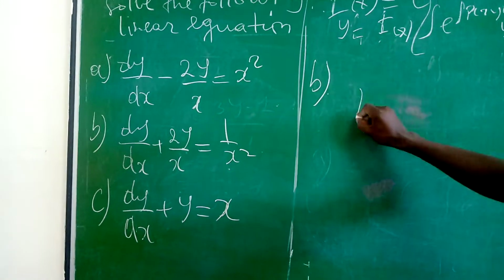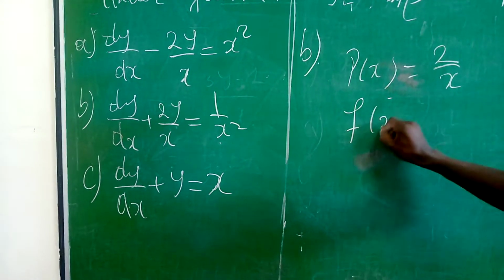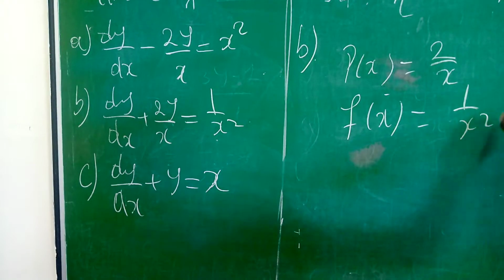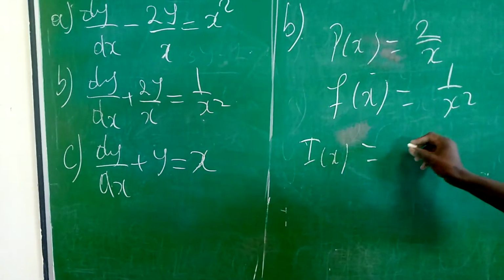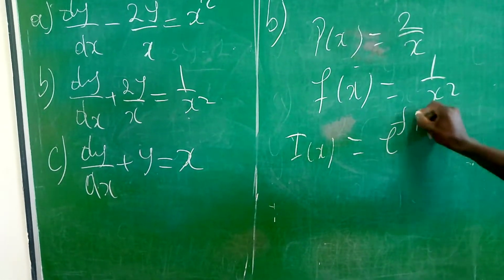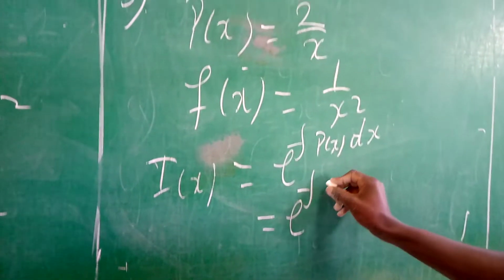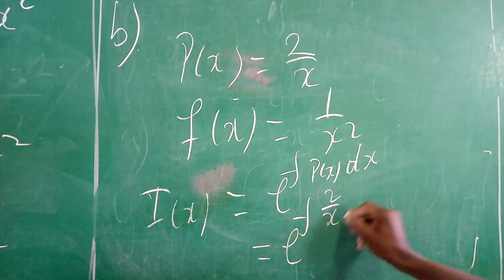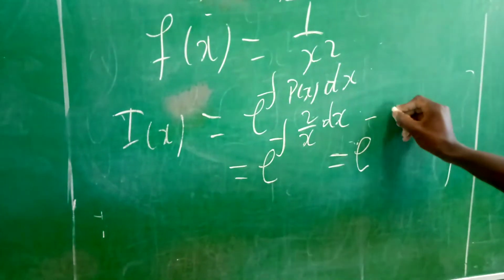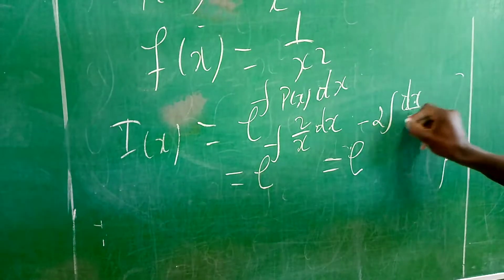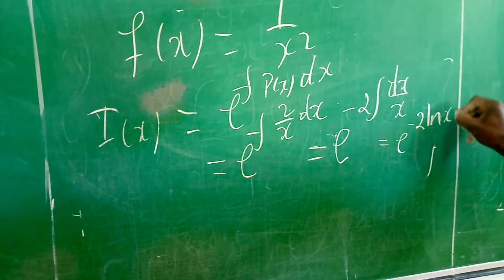So let's use P(x) equal to 2 over x, and then we have f(x) equal to 1 over x squared, and we can find I(x) is equal to e power integral of P(x) dx, and then we place the value e power negative integral of 2 over x dx, then hence we get e power negative 2 integral of dx over x, remaining with e power negative 2 ln x.